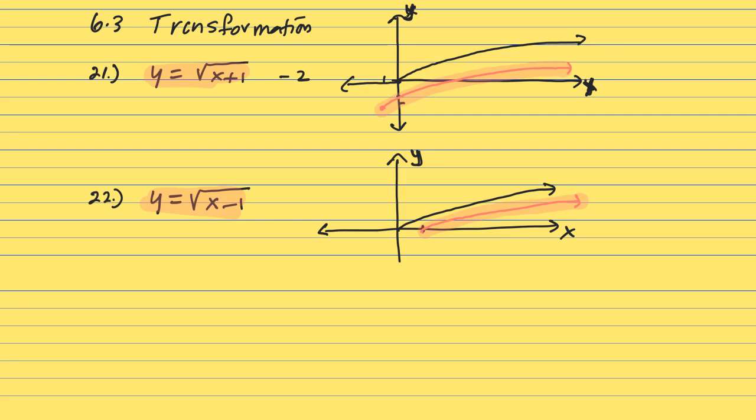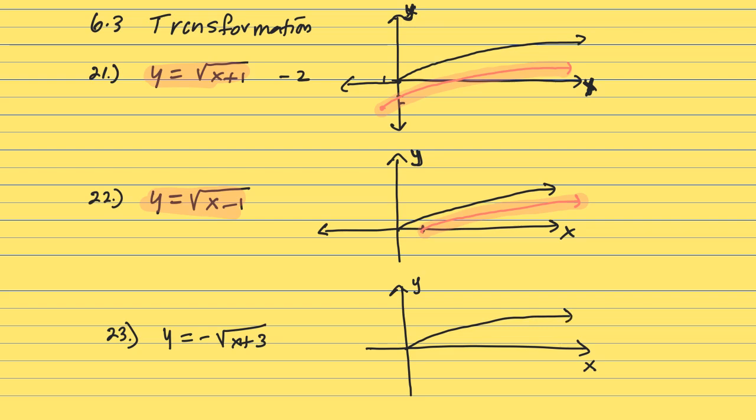I'm going to go ahead and do it here. 23, and I have y is equal to negative square root of x plus 3. So let me go ahead and sketch the y-axis, sketch the x-axis, and then of course this is the parent function.